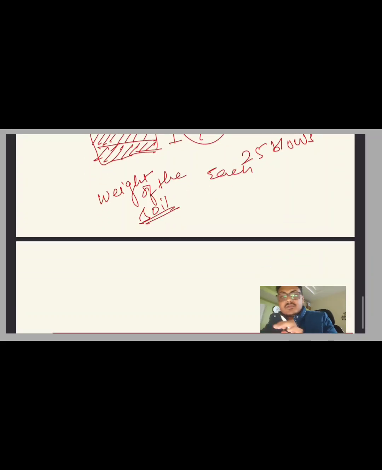How do we find the weight of the soil? We take the weight of the mold plus soil, and subtract the weight of the empty mold that we took initially, to get the weight of the actual soil sample. Then we divide it by the volume of the mold, which is generally 1000 cm³, and then it comes out to be the density of the soil sample.